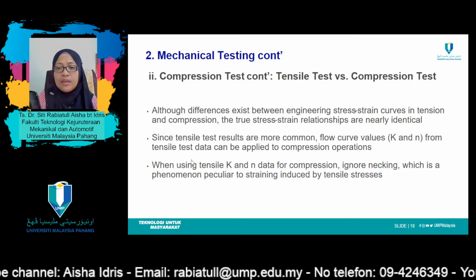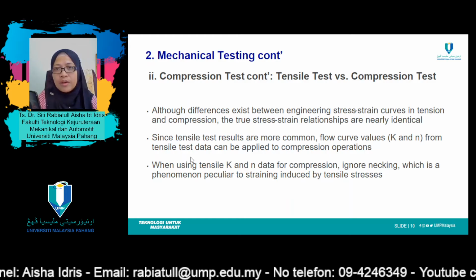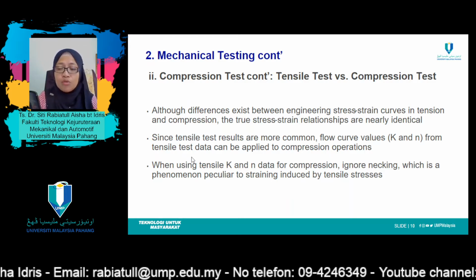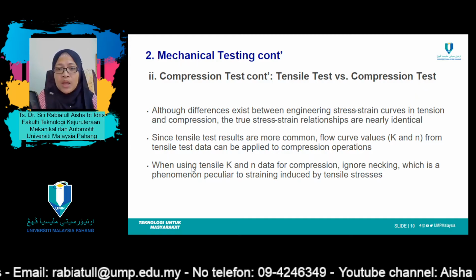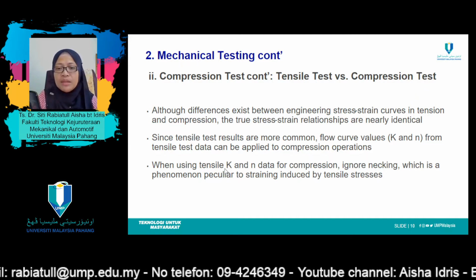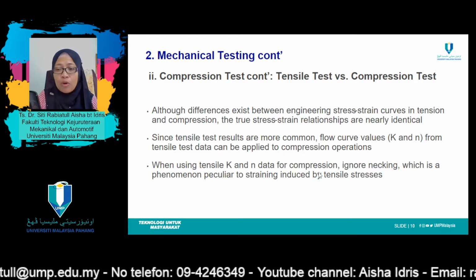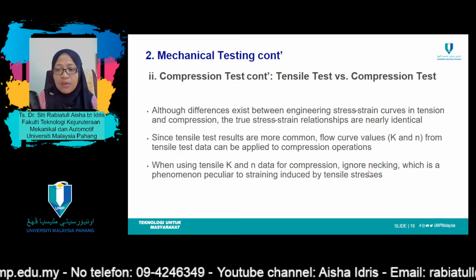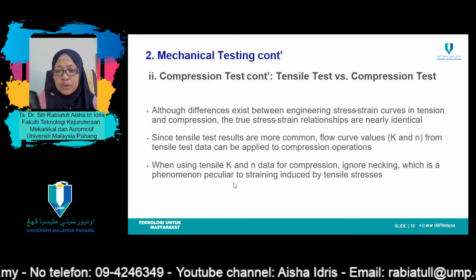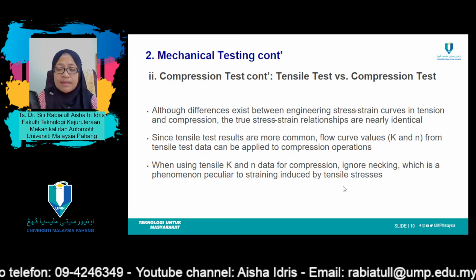Well, normally they also have some sort of formula to convert from tensile to compression data. When using tensile K and n data for compression, ignore the necking, which is a phenomenon peculiar to straining induced by tensile stresses.